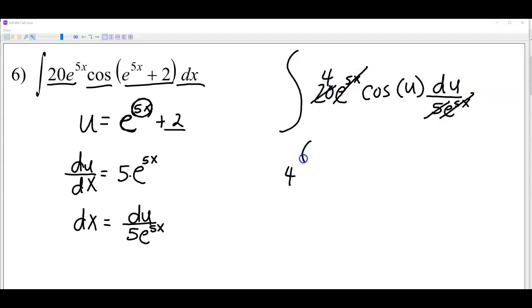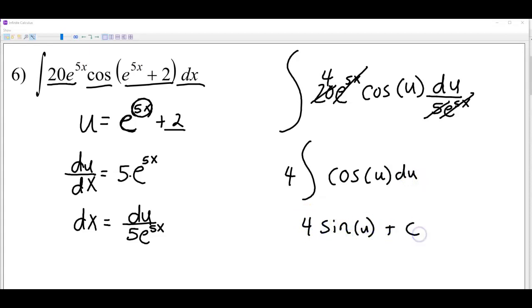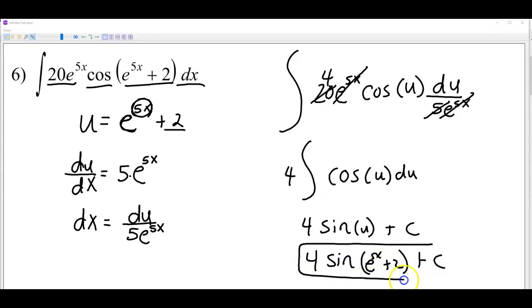And then that 4 comes out of the integral. The integral of cosine is sine. And then replacing the u with the value of u, which is e to the 5x plus 2, gives us our final answer, like so.